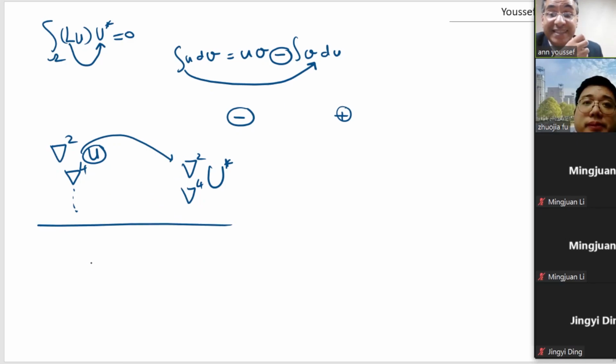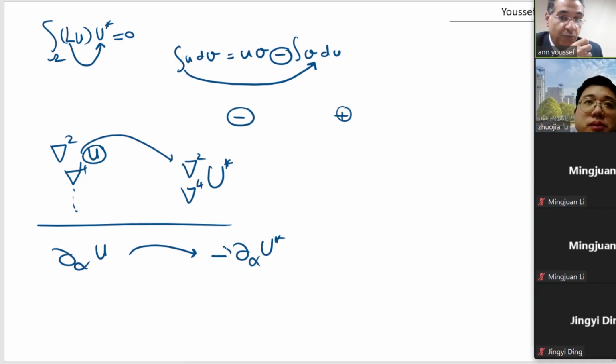But if we have a single derivative applied on u, we end up with minus the derivative applied on u asterisk. So when we have an even degree of derivative, we end up with the same operator applied on the fundamental solution, but if we have an odd degree, we end up with a minus sign.